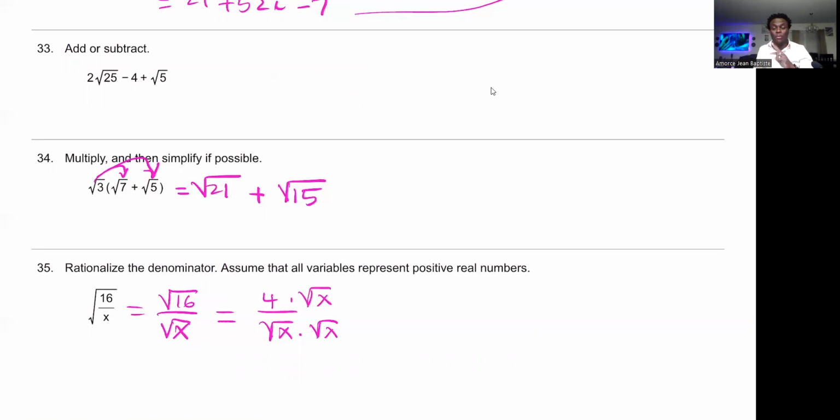You do it on both, top and bottom. And then that gives me 4 square root of x over square root of x times square root of x, which is square root of x squared, and x to the 2 over 2 equals x. So that is x. That is your answer.